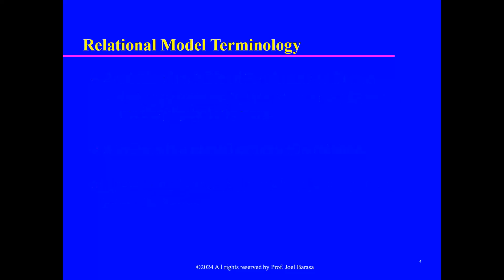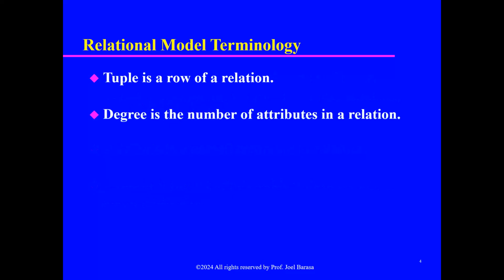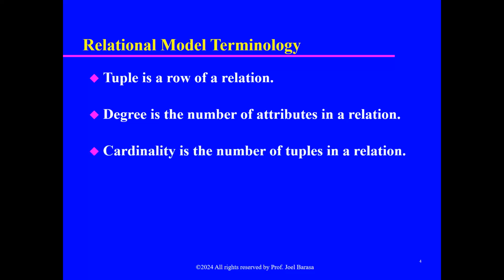So what is a tuple? A tuple is a row of a relation. So one row is a tuple. What is a degree? A degree is the number of attributes in a relation. Then we have, what is cardinality? Cardinality is the number of rows in a relation or in a table.